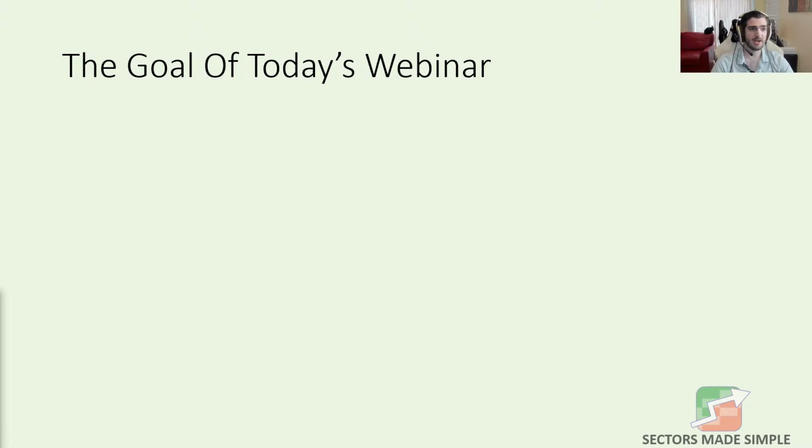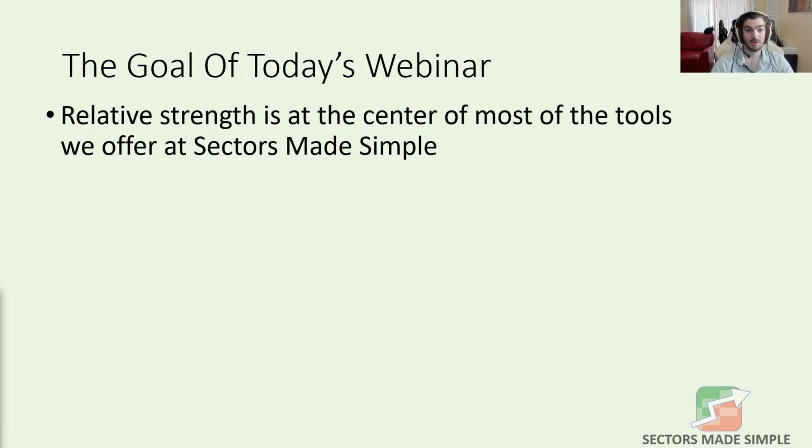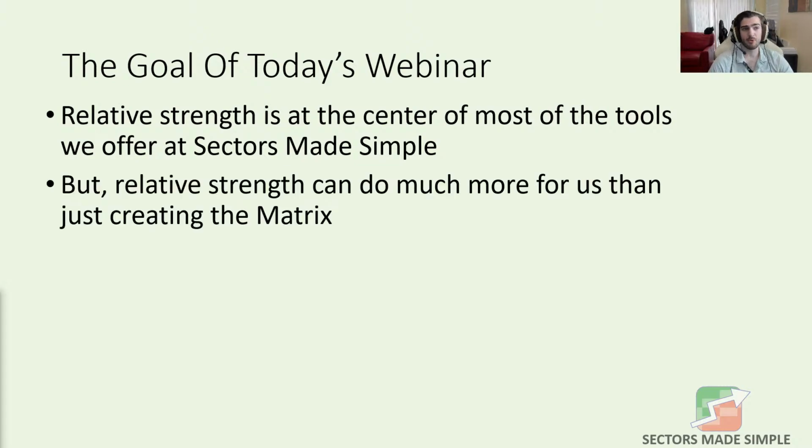So the goal for today is pretty straightforward. Relative strength is at the center of most of the tools that we offer here at Sectors Made Simple. After all, it's called the Relative Strength Matrix. That name has to come from somewhere, right? So it's no surprise that we use relative strength quite a bit, but it can do a lot more for us than just creating the matrix.